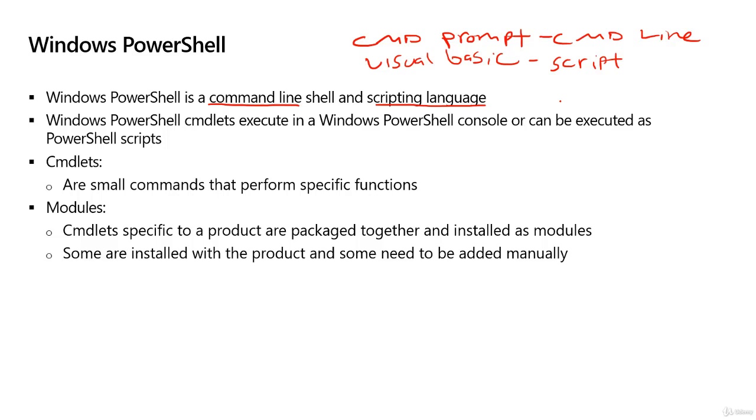So what Microsoft has done with PowerShell is essentially combine those capabilities into PowerShell. So one tool, now you can just run individual commands, and it's a full-blown scripting language that allows you to create fairly complex scripts. When we're using this utility, you can execute your PowerShell commands in the PowerShell console. Now, you could also run scripts directly from the console as well.